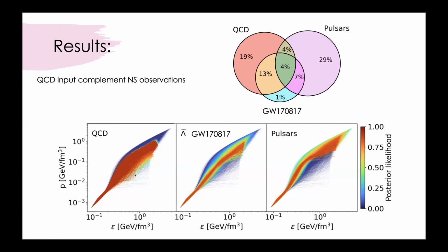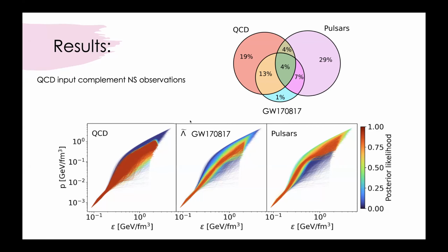And lastly, what you see is that from QCD, it is not possible to connect to the QCD at 40 saturation densities if the equation of state is too hard at these rather high densities. And so that is the constraint that we get from QCD. It softens the equation of state at high densities.